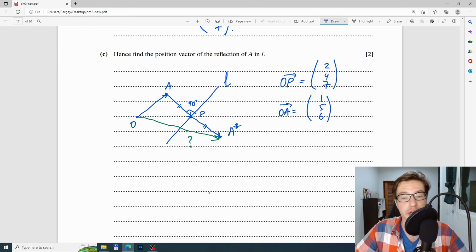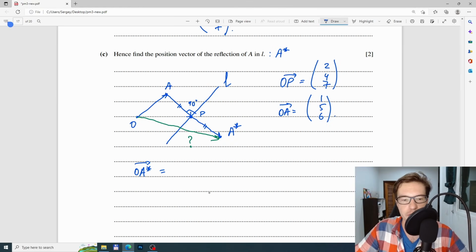For the next question, we have to find the reflection of A in L, and I'm going to call this point A asterisk. I've already drawn the diagram. It's going to help us a lot. And we're looking for the vector OA asterisk. Now, how do we get from point O to the point A asterisk? Using the stuff that we already know, which is vector OP and vector OA.